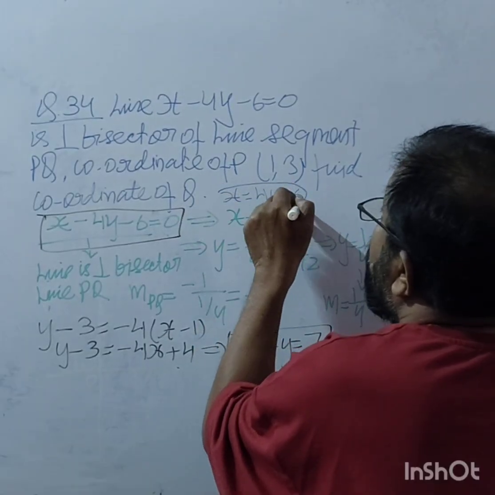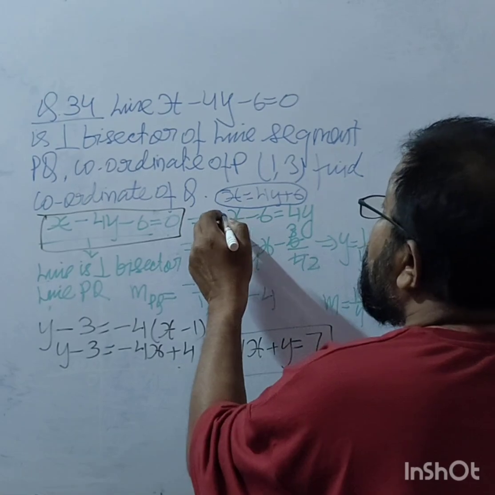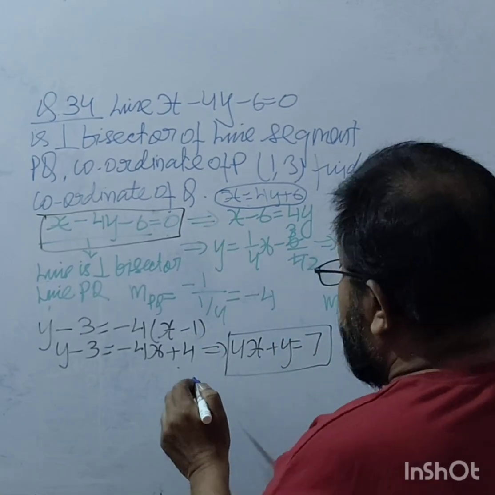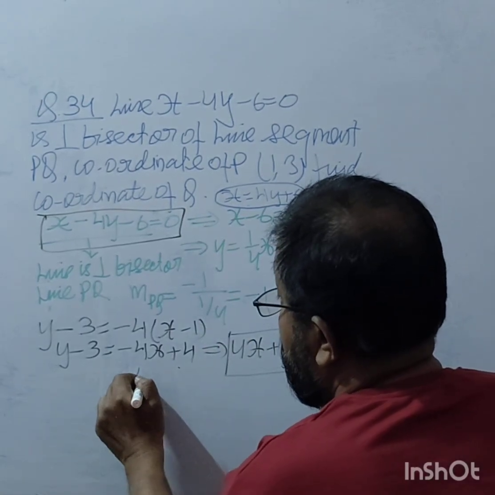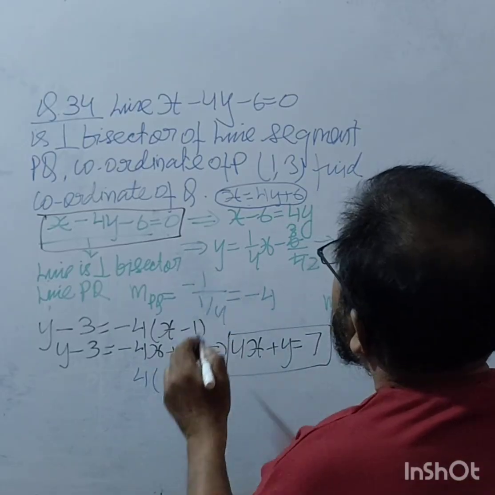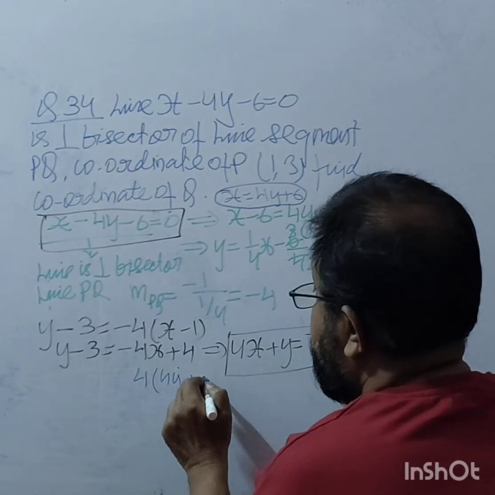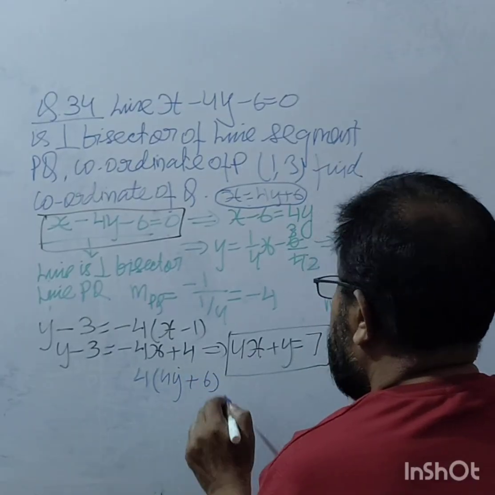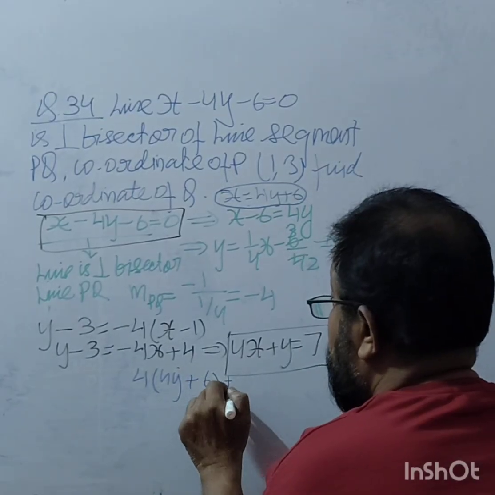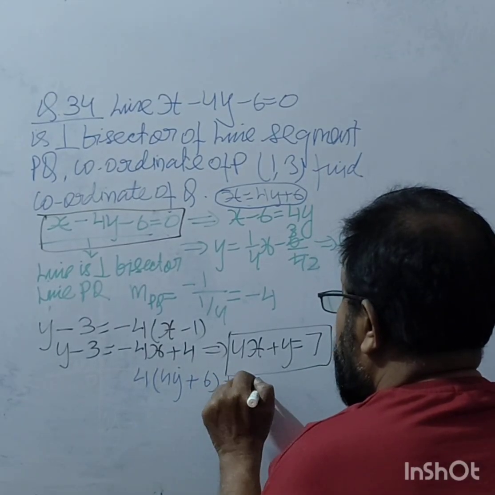Put this value here in this equation, so 4 bracket 4y plus 6, plus y is equal to 7.